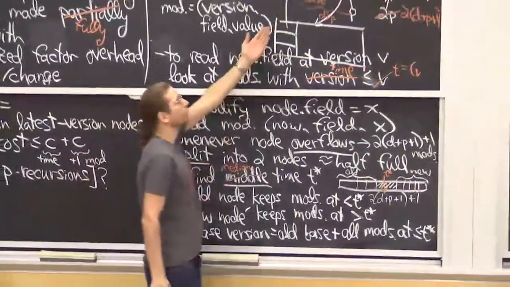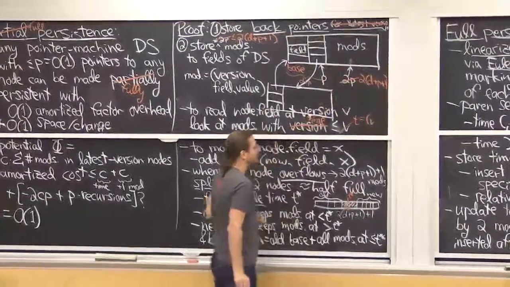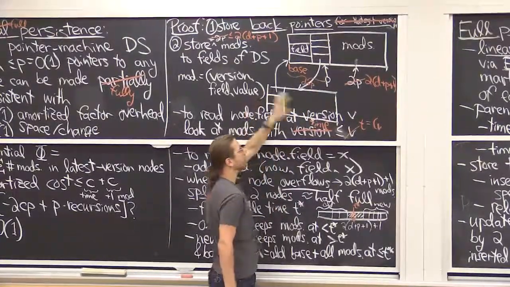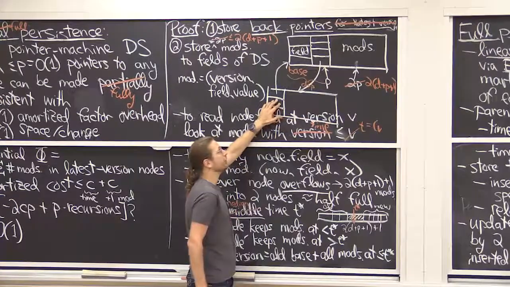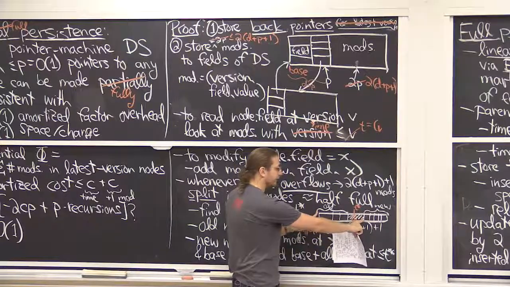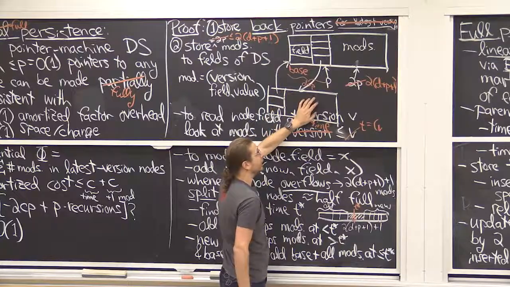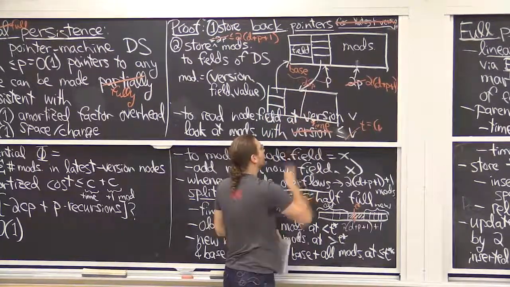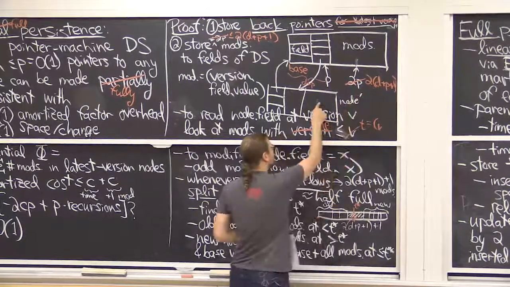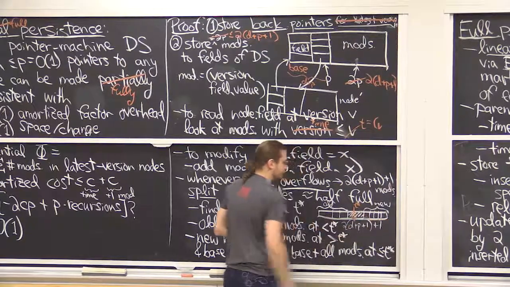So we have our old node. It has some old base version and too many mods. We extract all the later mods from that version, but otherwise leave that node alone. We make a new node prime whose base version is like this one, but it has all of these mods applied from the old version to the end of t star. That's here. And then the mods that are stored in this node, so this is node prime, are the latter ones here strictly after t star.